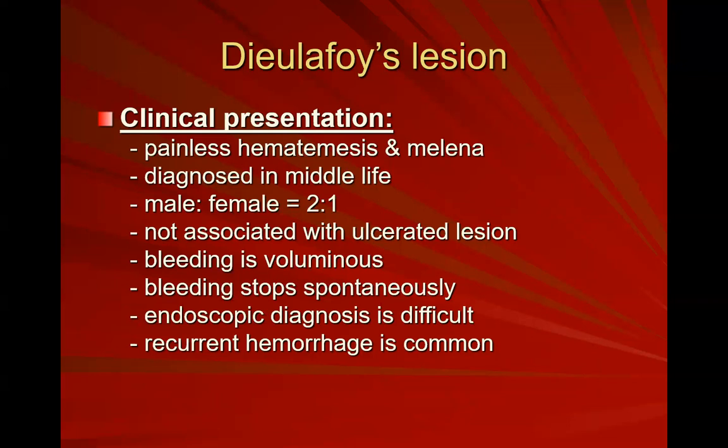However, they need to go into endoscopy and slowly visualize the mucosa in order to identify the bleeding, because there wouldn't be any ulcers to identify. So again, we are trying to exclude everything in order to reach the diagnosis of Dieulafoy lesion.